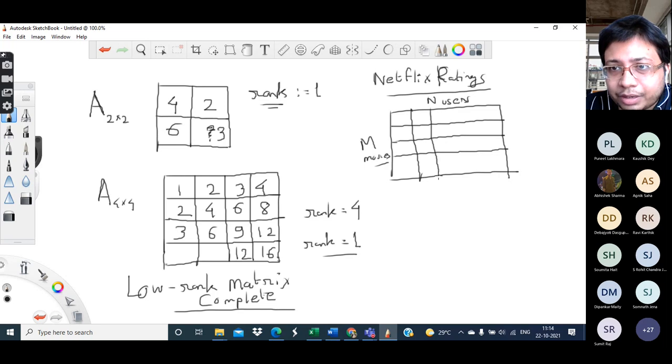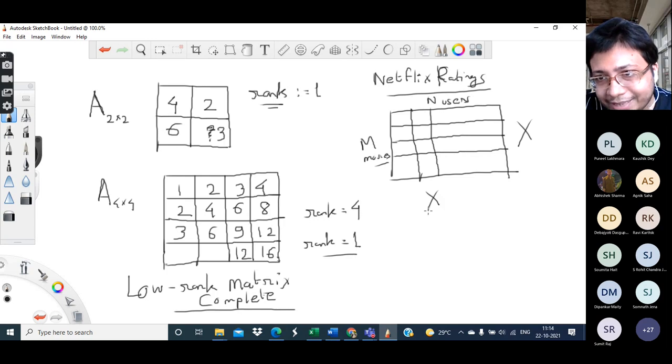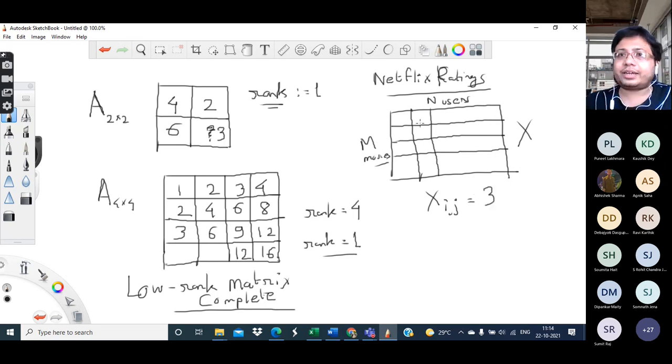So let me denote this matrix by X. If I say X i,j is equal to 3, let us assume that all the users can give ratings 1, 2, 3, 4, 5 to any movie which they want to rate. Of course, not all users will have watched all the movies, and even if they have watched, they may not have given a rating.